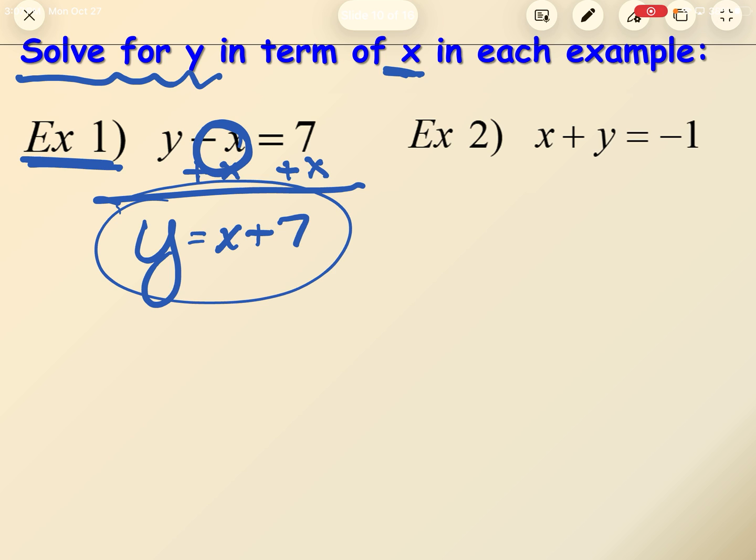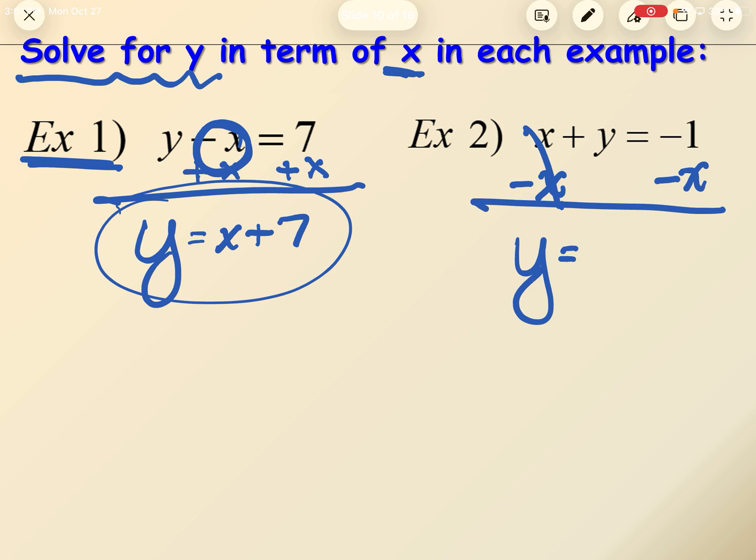Number 2, tell me what I need to do with y. How do I get y by itself? Layla? Subtract x. So sometimes you're going to add x. Sometimes you're going to subtract x. You're always going to do inverse operations. That's going to leave me with y equals not x minus 1.